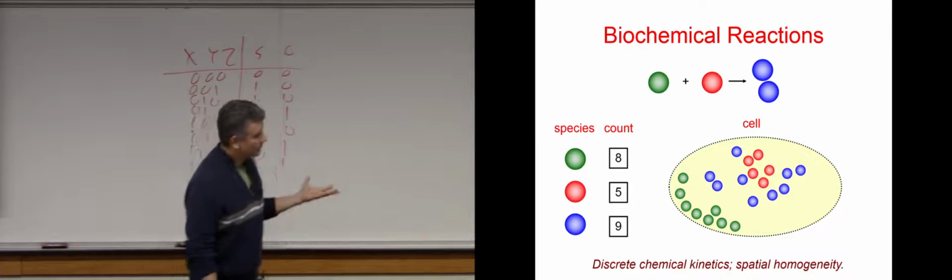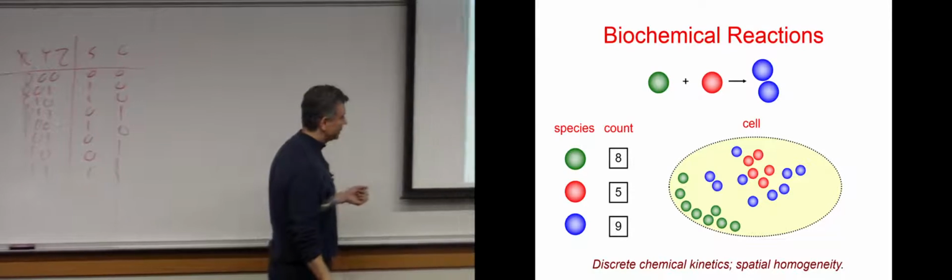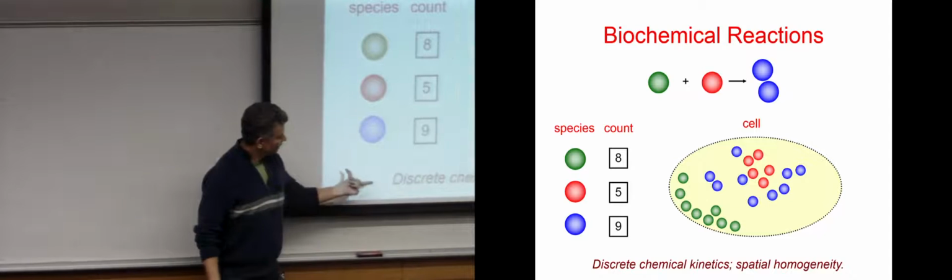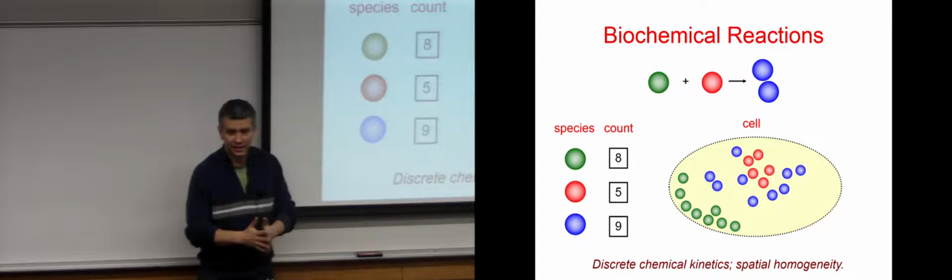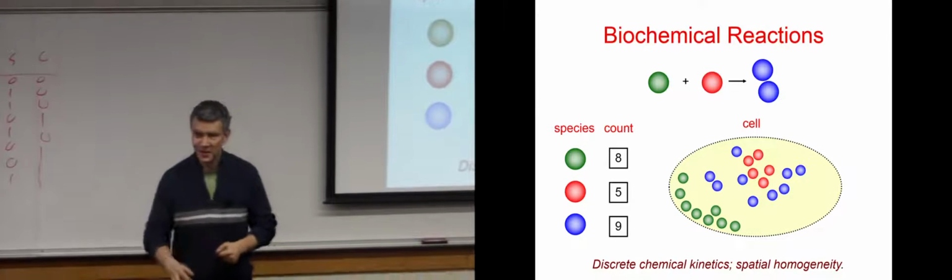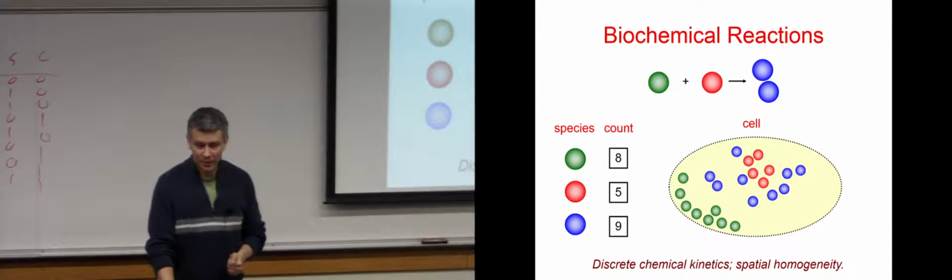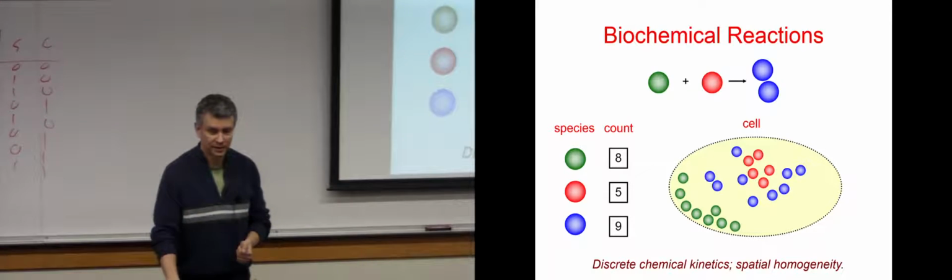The discrete chemical kinetics part, people who work in the area have this view that I'm assuming discrete chemical kinetics. So, Jesse, what's your view on my description, and why would you think that discrete is not accurate or accurate?